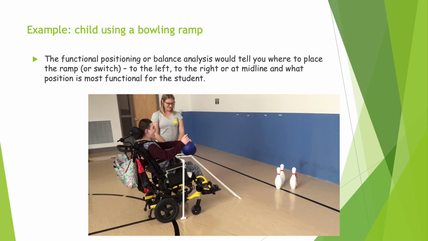But the functional positioning or balance analysis would tell you where to place the ramp or switch, to the left, to the right, or at midline, and what position is most functional for the student. So here it looks like that ramp fits right over his lap, right in midline, and he can use, looks like he's using both hands, a little bit more on the left hand to push that ball down the ramp.